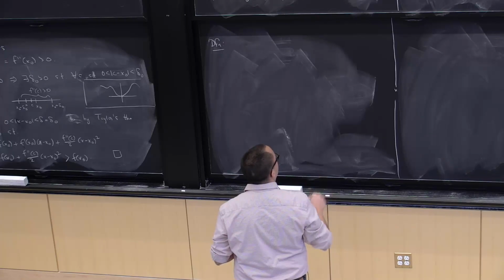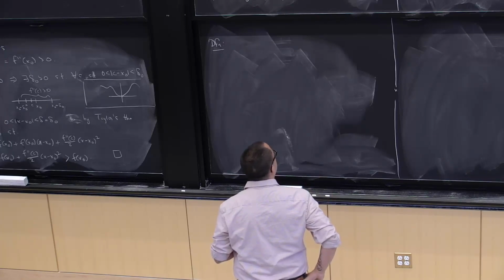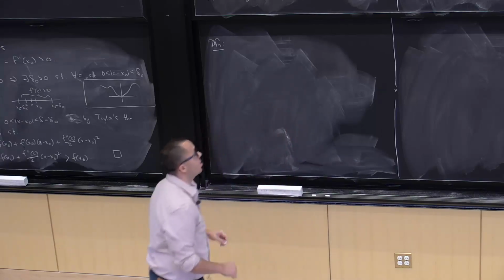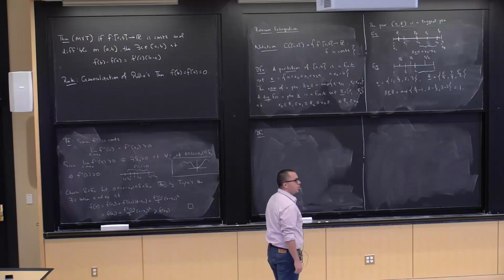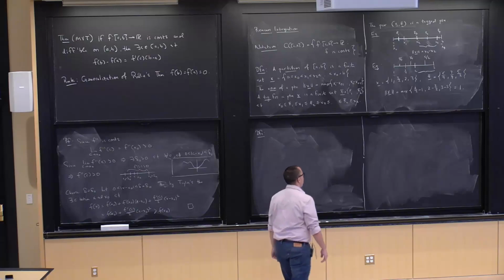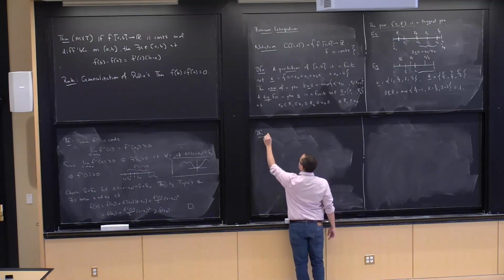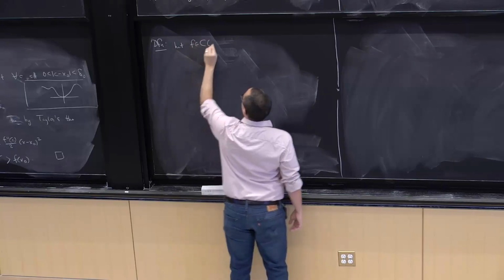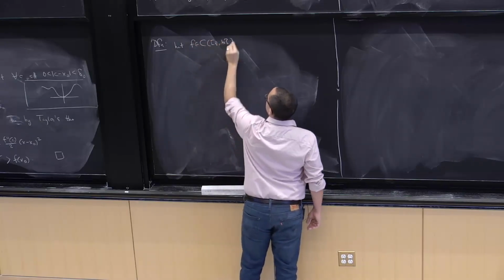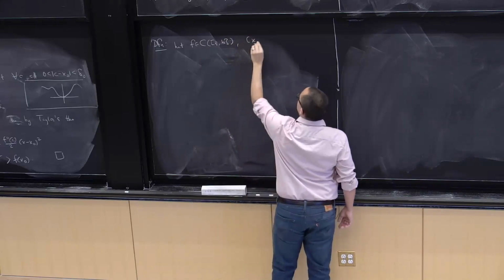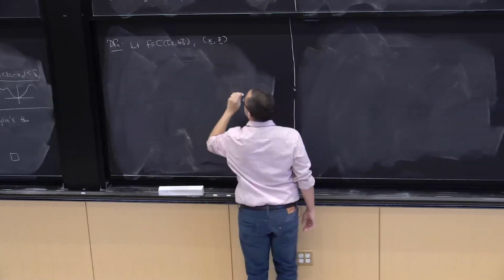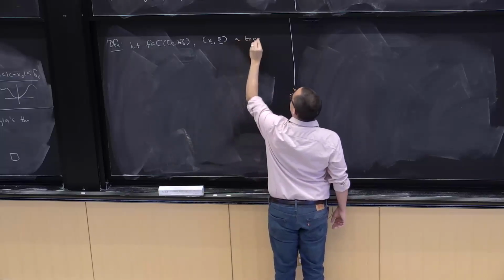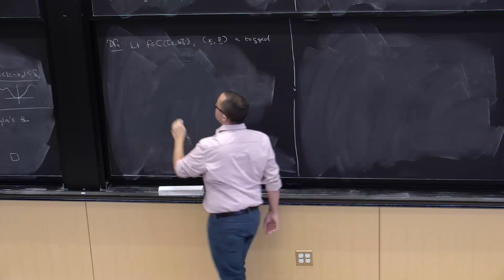Okay, so now given a tagged partition, we're going to associate a number to this tagged partition, which we interpret as an approximate area. So let f be a continuous function, (x, c) a tagged partition.